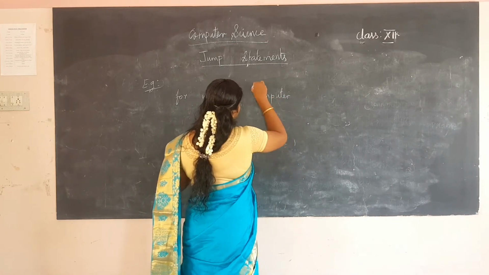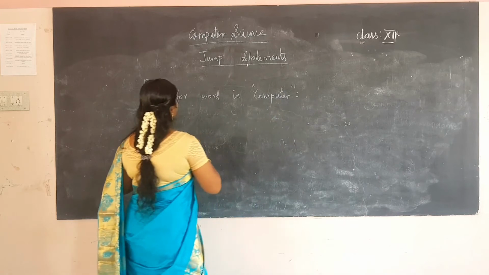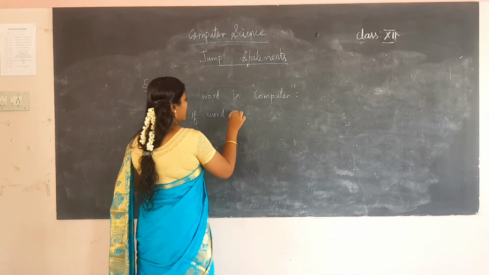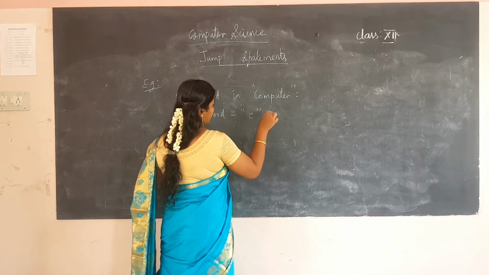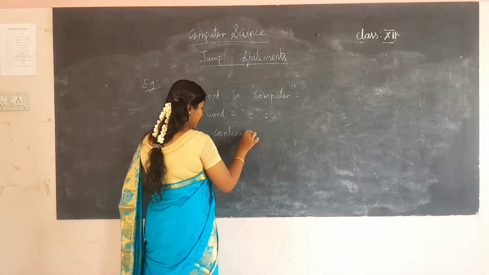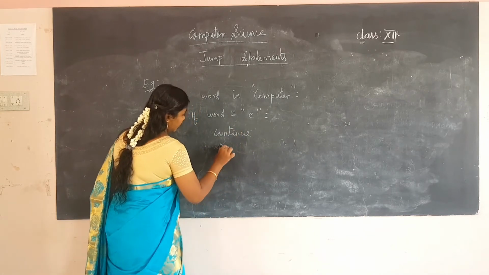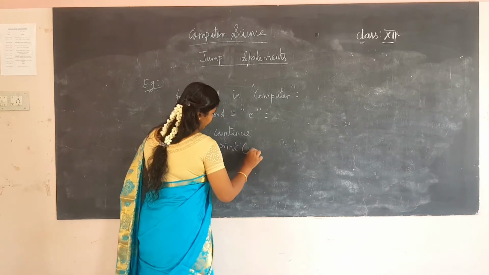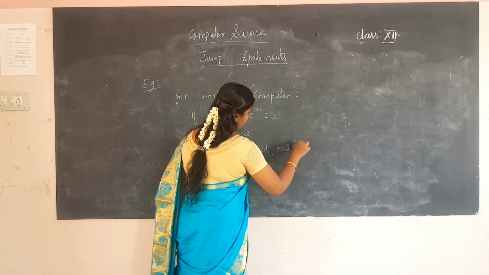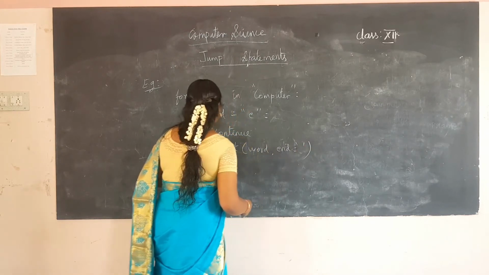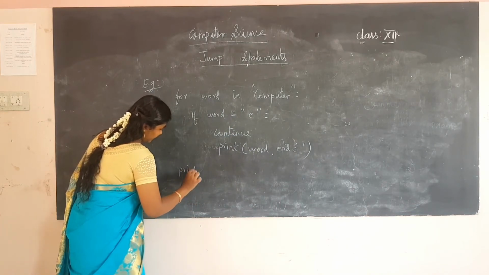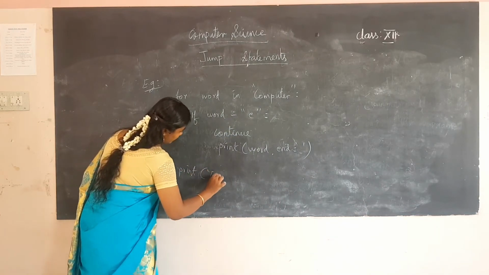So for word in computer, and if word is equal to E, instead of break I am giving continue, and I am asking to print the word. And I am giving here print end of the program.